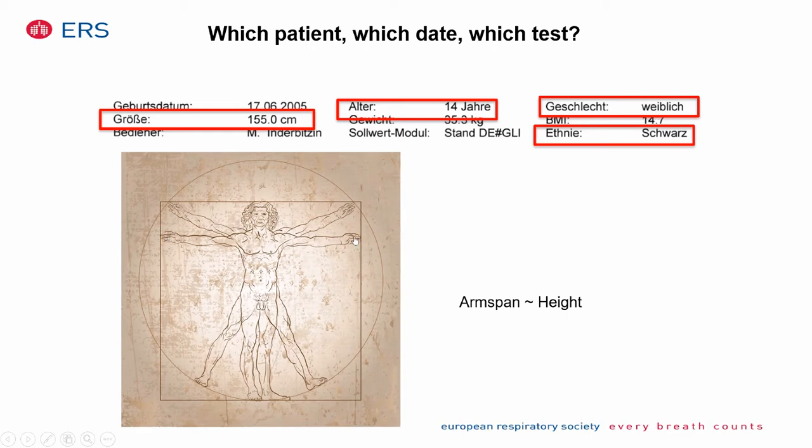If the patient has contractions, you cannot measure from here to here, because maybe the patient cannot move his arms very broad. So you need to measure from here to here, and here to here, and add all these measurements to get your arm span.